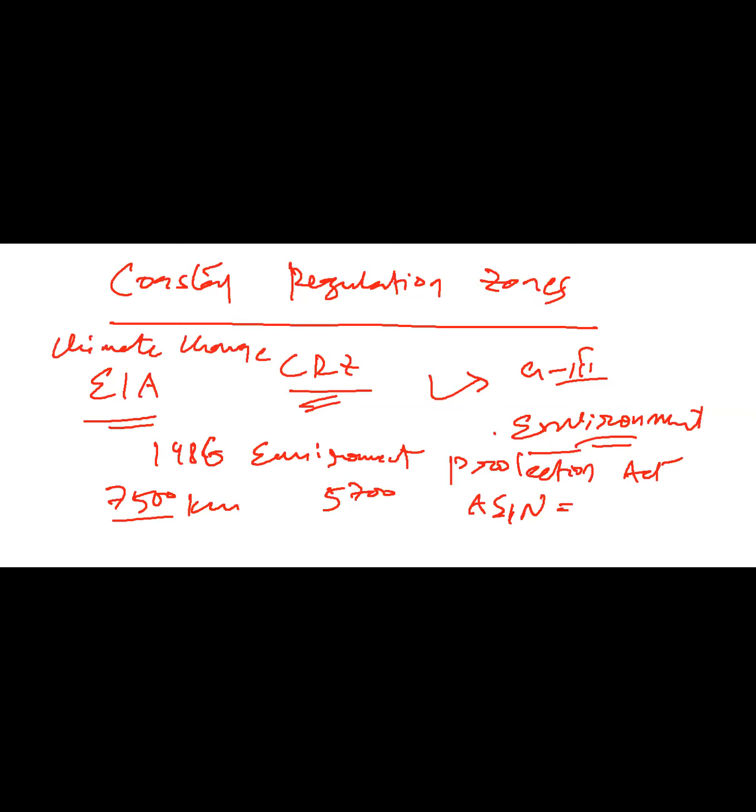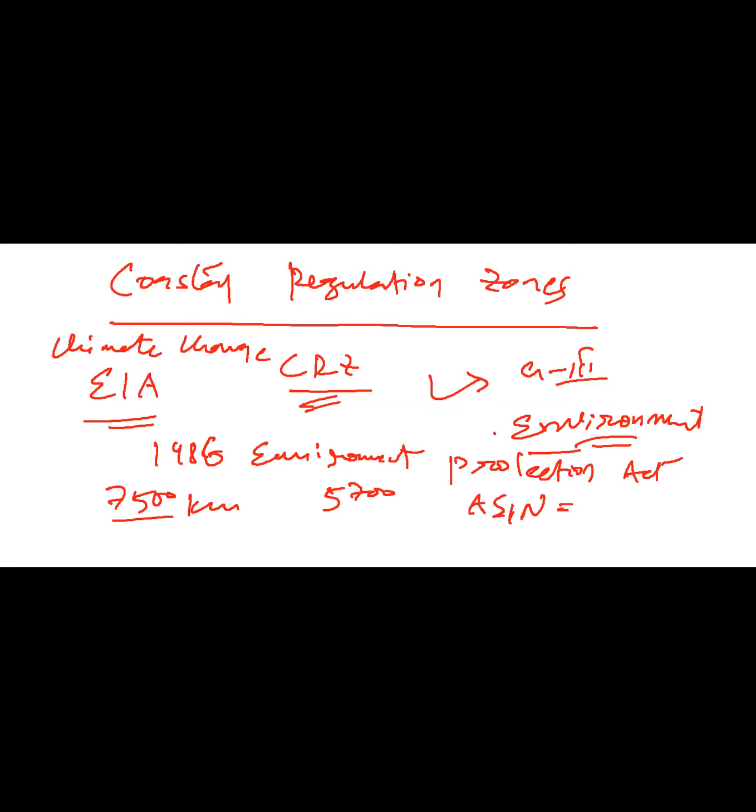If climate change happens, there can be a rise in sea level, and many coastal areas will be submerged. Along with this long-term impact, every year we see the impact of cyclones, and we saw the tsunami in 2004. So the coastal areas are highly prone to natural hazards like cyclones and tsunamis.